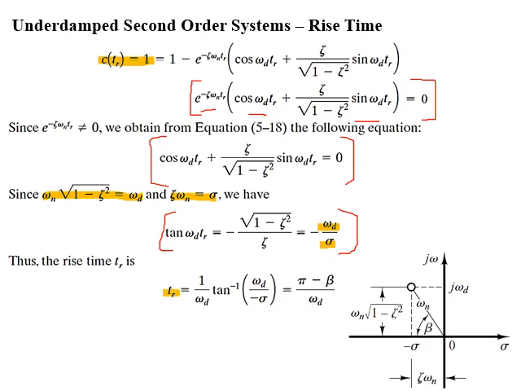So the rise time equals 1 over omega d, tangent inverse of omega d over minus sigma. Now if you look at the figure, tangent inverse of omega d over minus sigma equals the angle pi minus beta. So the rise time of a second order underdamped system equals pi minus beta divided by omega d, the damped frequency of oscillation.